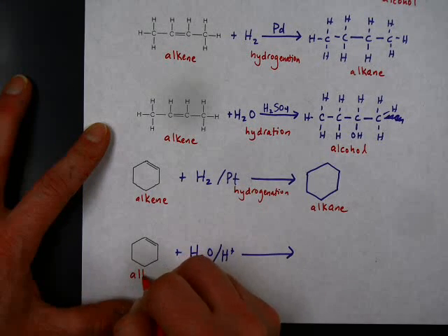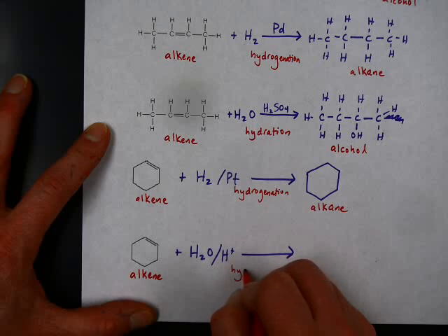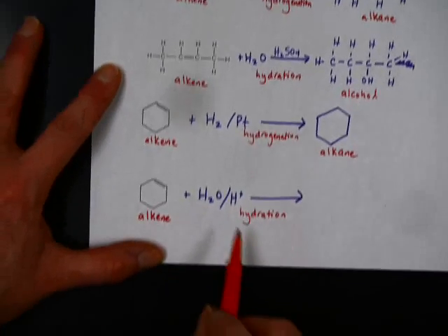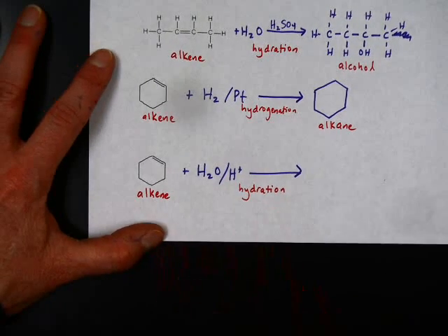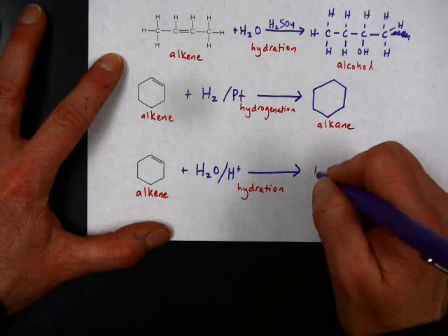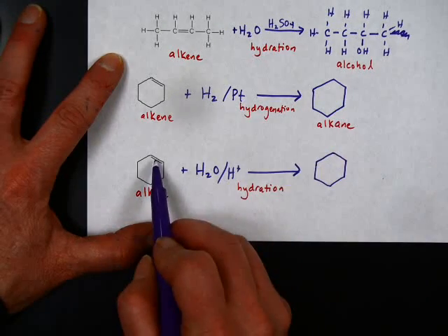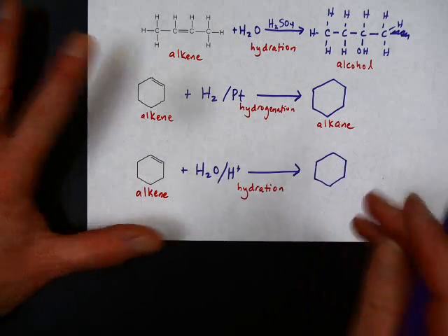If we take that same alkene and add water, that's hydration. Hydration is adding water. When you hydrate an alkene, we know what happens. Everything stays the same except that the double bond turns into a single bond. Notice the ring is still a ring.